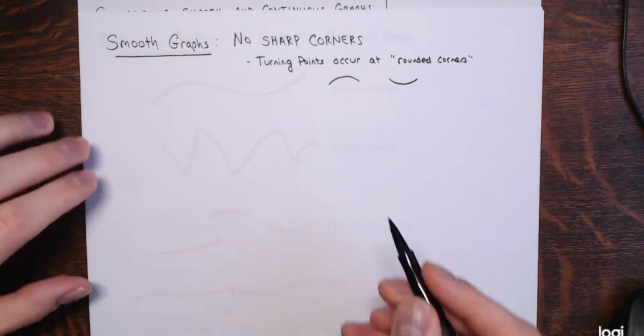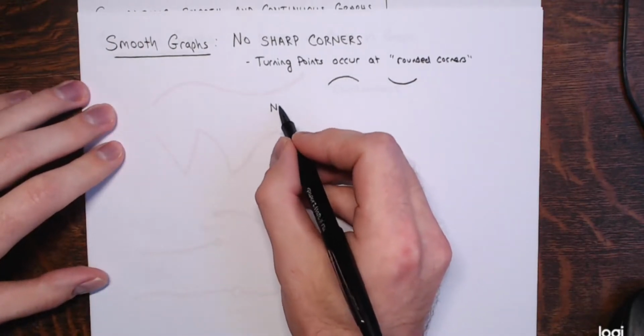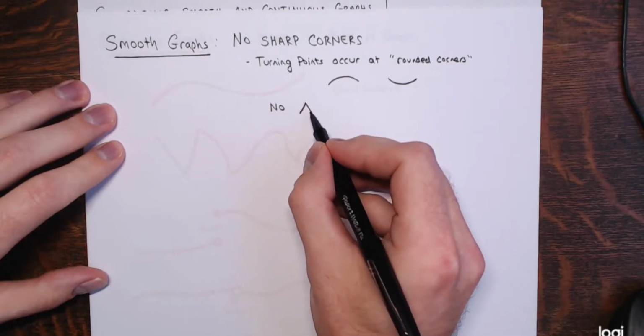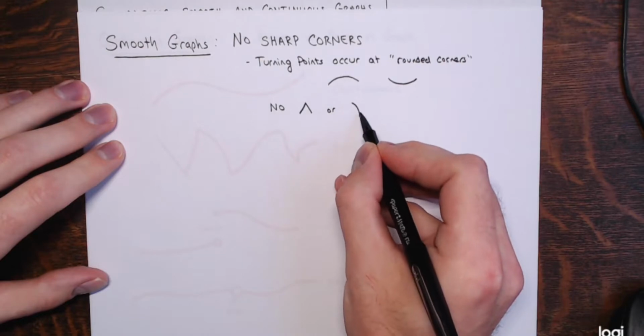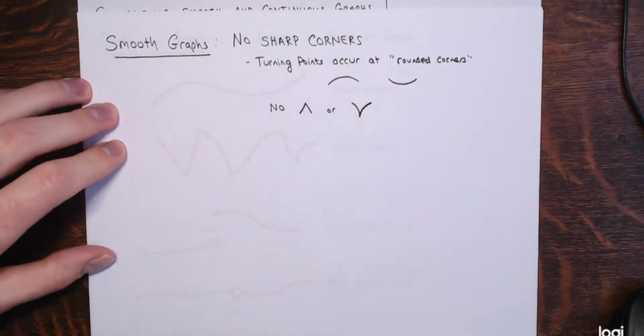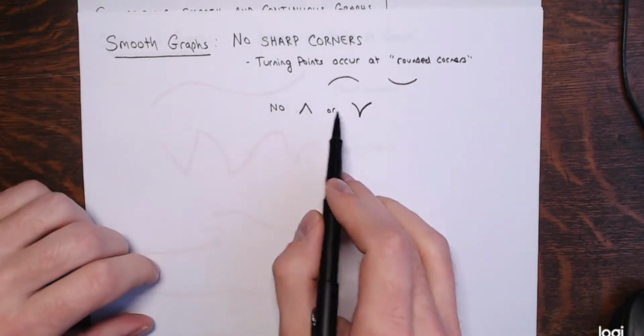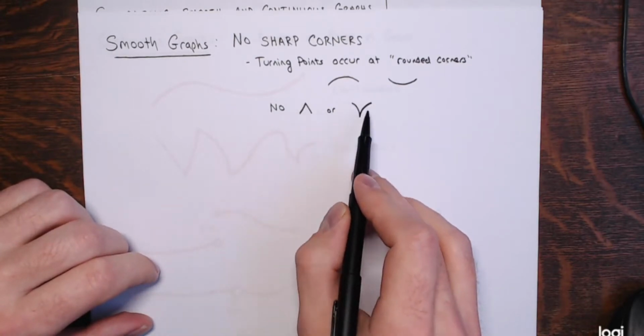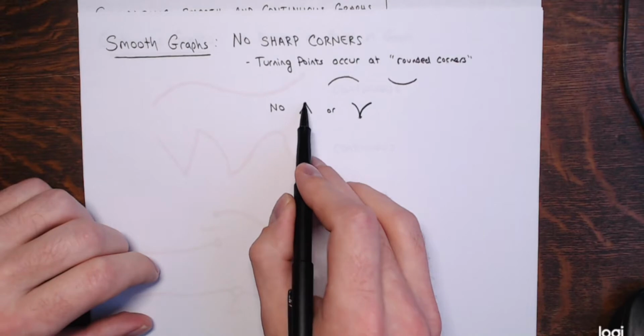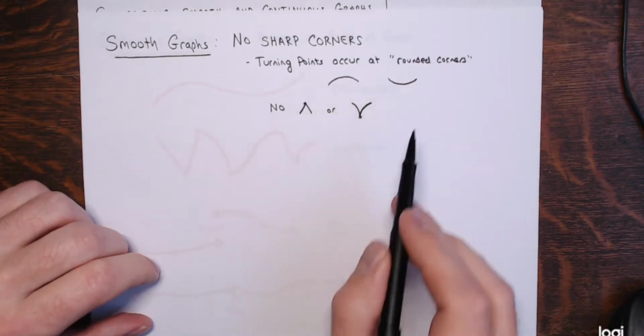So basically no pointy places like that, or like this where it's sharp. These would still be turning points, because you're going from increasing to decreasing or decreasing to increasing, but they don't occur at some nice rounded curve.